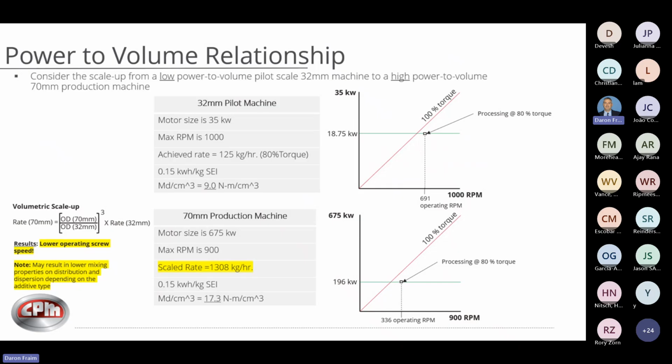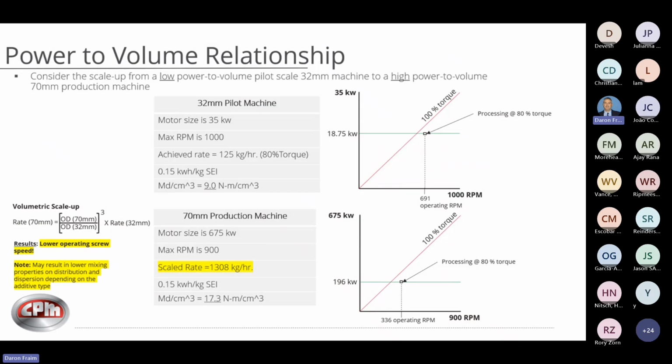Now here we're going to look at the reverse situation of this, where we have a low torque pilot machine and a high torque production machine. Again, we're going to scale this volumetrically. So we achieved 125 on the pilot. We do the math, you end up with a scaled rate of 1308. And because you have a very high power to volume ratio, it's going to operate at a much lower RPM level.